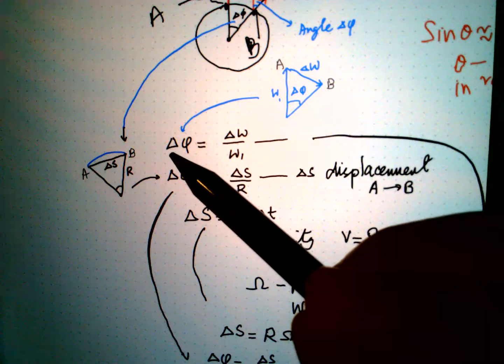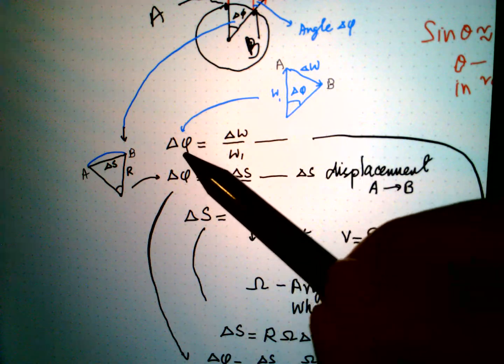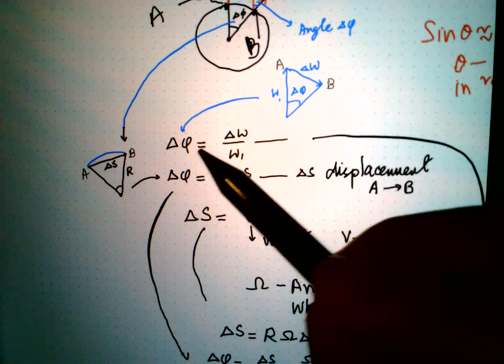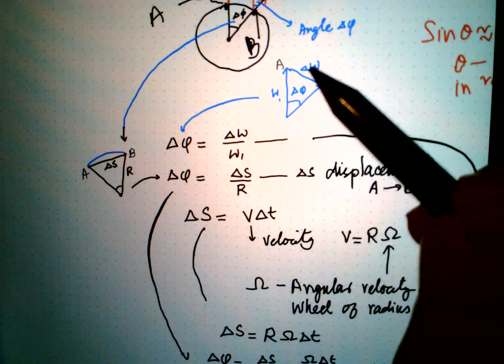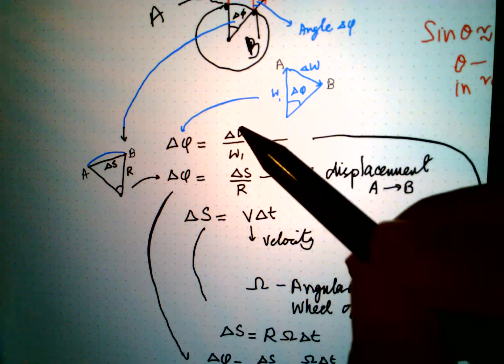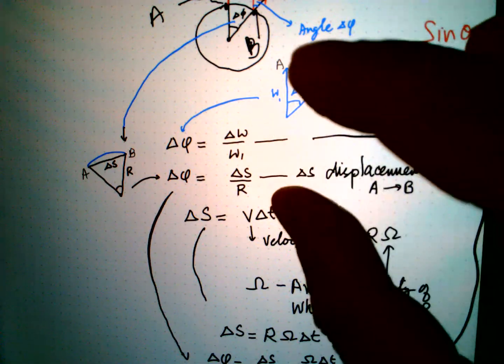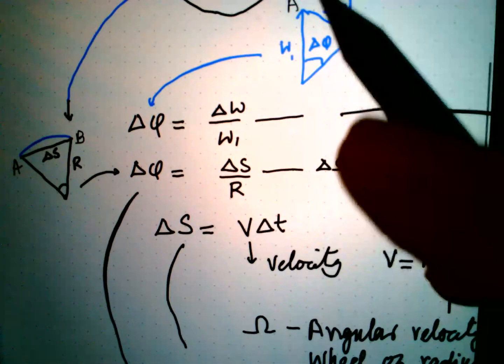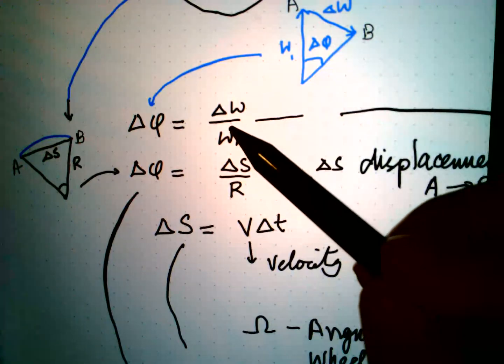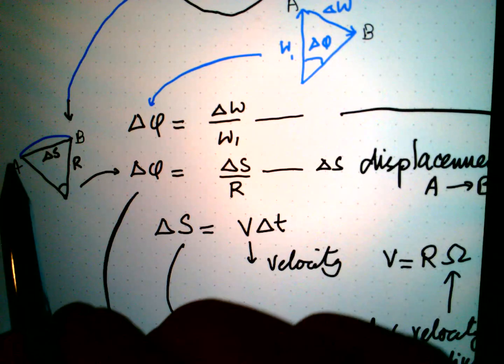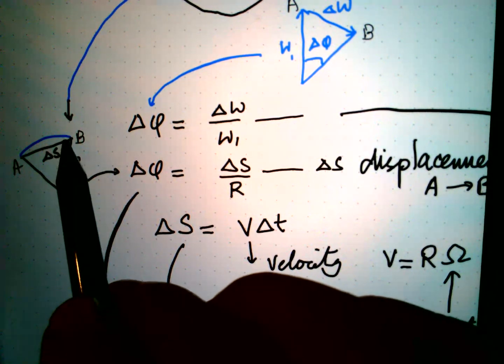So delta phi is equal to delta omega over omega 1. So that is the change of the vector. This is the angle, but also the same thing is traveling on a circumference.